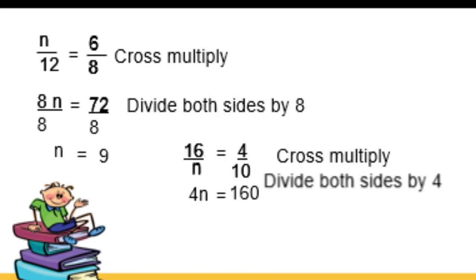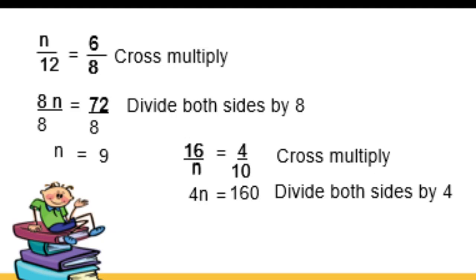Again, divide both sides by 4. So, 4n divided by 4 is equal to 160 divided by 4. Cancel 4 and 4. So, that will become n is equal to 160 divided by 4, which is 40.